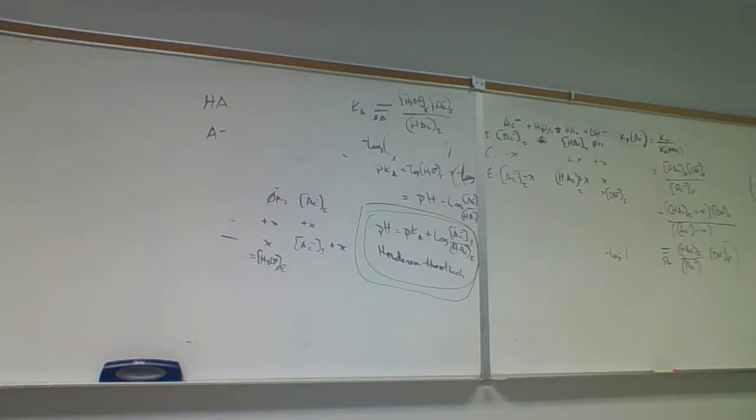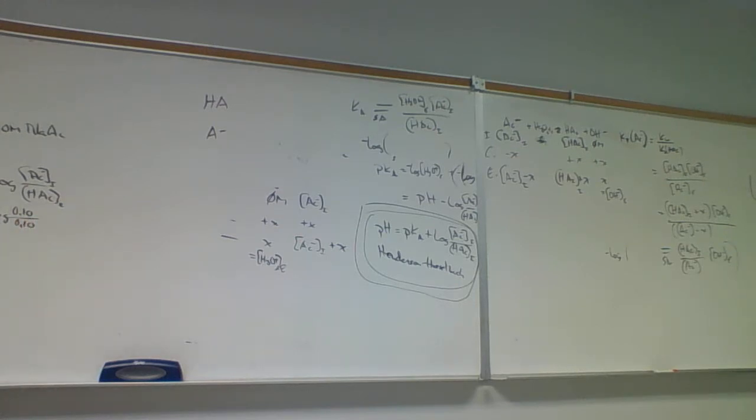Looks exactly the same. And so if I have 0.10 molar HAC and 0.10 molar sodium acetate, then this is easy. I don't even need an ice table. The pH is equal to the pKa of acetic acid, HAC, plus the log of the acetate initial over the HAC initial. The pKa of HAC would be the negative log of 1.8 times 10 to the minus 5, plus the log of 0.10 over 0.10.